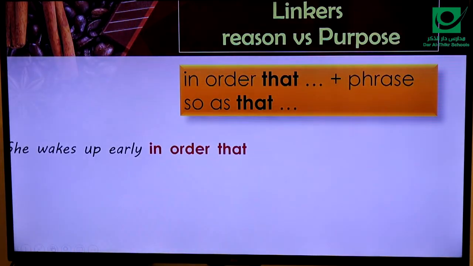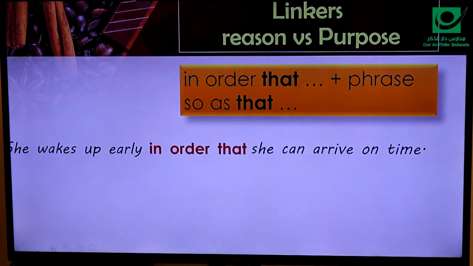For example, here we say, she wakes up early in order that she can arrive on time. Again, if you look at this sentence, she can arrive on time. She is a subject and can arrive is a verb and so on. So in order that, the difference is not in order, is not in so as, it's in that, because that is followed by a phrase.